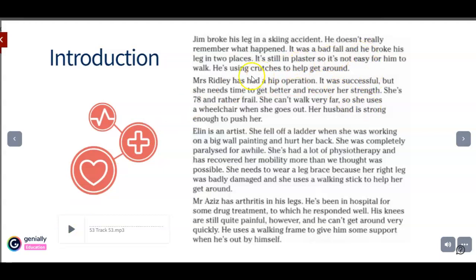For example, here we have the use of some aids to move around, some other aids, some things like extra help that the patient may need, and other help.